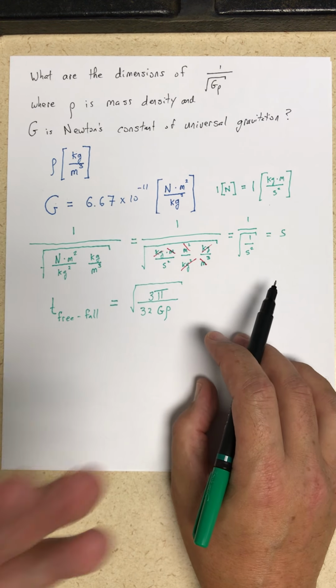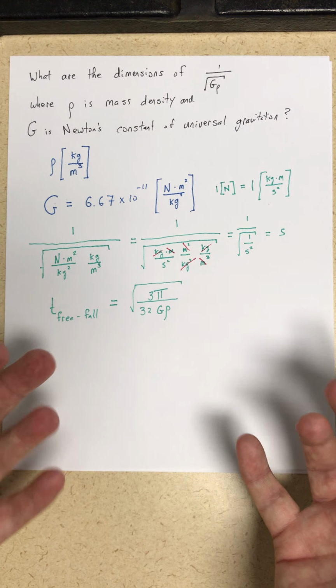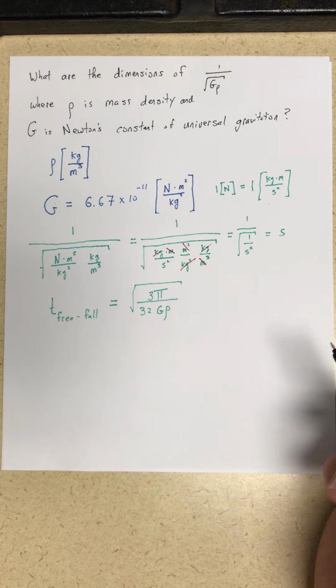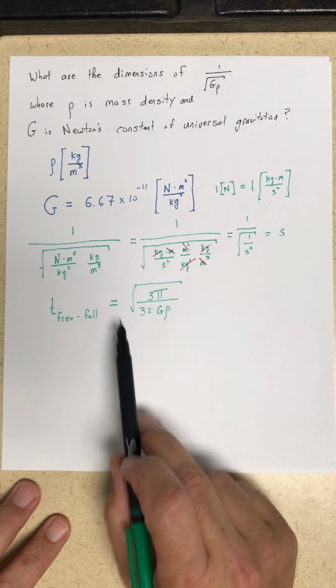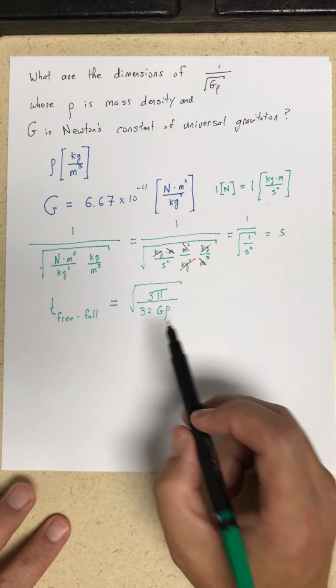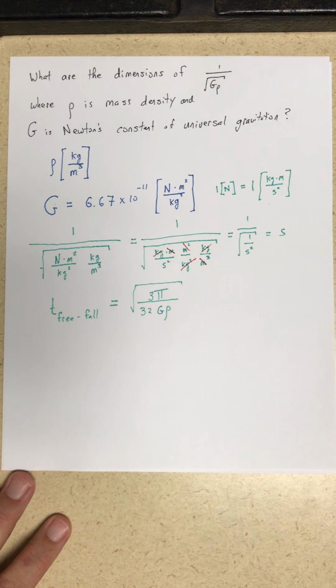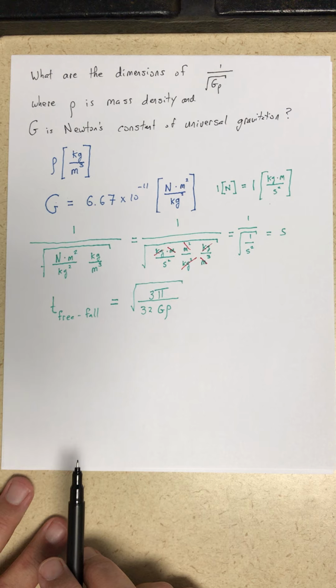If you have some dimensions on the left-hand side, some other set of dimensions on the right-hand side, and you can't reduce them to be the same, then you have to have a mistake. But just because the dimensions agree doesn't mean you're necessarily right, because there could be factors that don't have a dimension because they're pure numbers that are there as well. So you'd actually have to dig into the underlying equations for where this free fall time actually comes from to discover that.